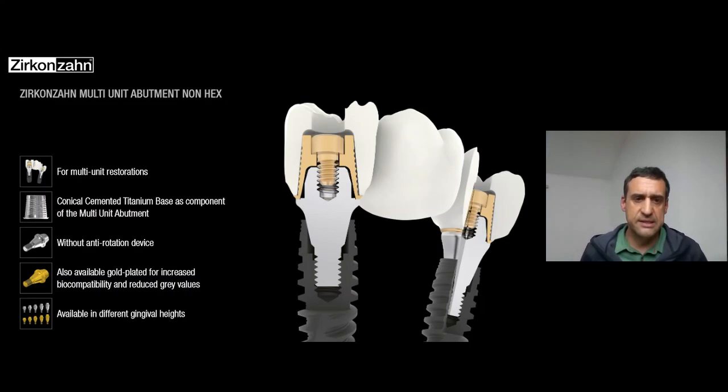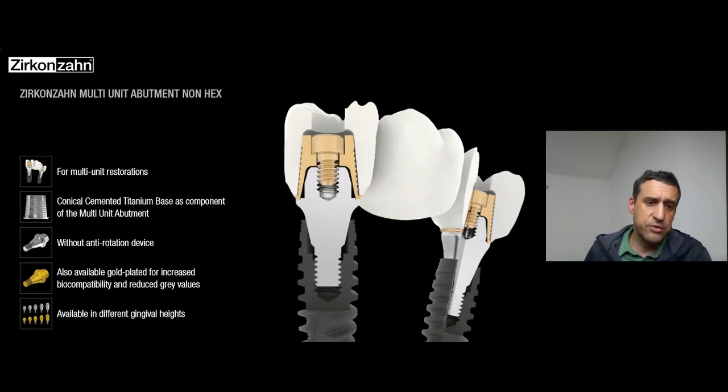So here you can see the multi-unit abutment, the regular straight multi-unit. You can, of course, screw it directly on the implant, and on top of the multi-unit you can use a conical cemented regular T-base, or also the new T-bases that we have available, and you can cement this T-base inside the framework, so you can fit perfectly.